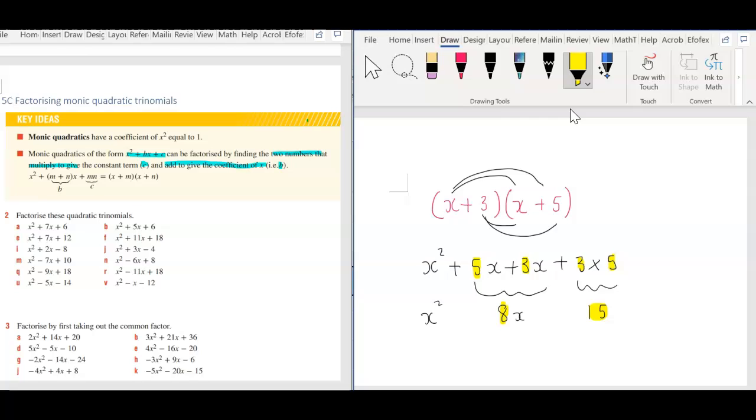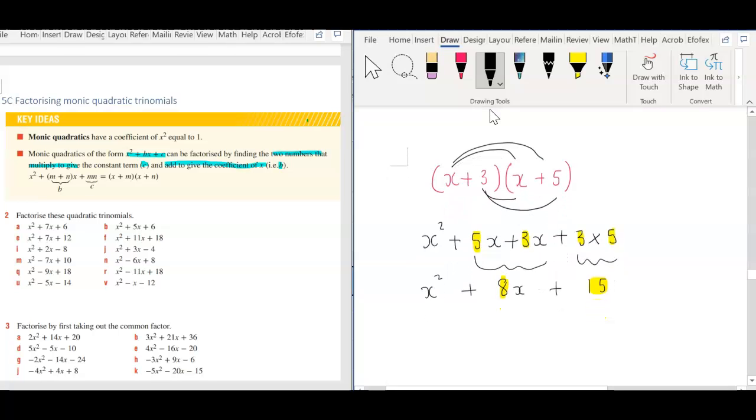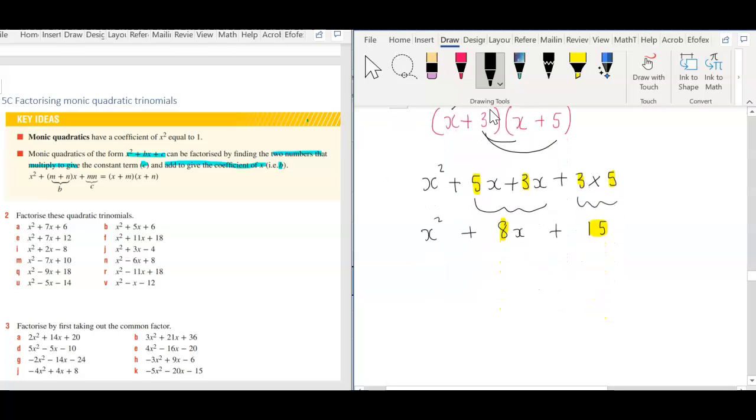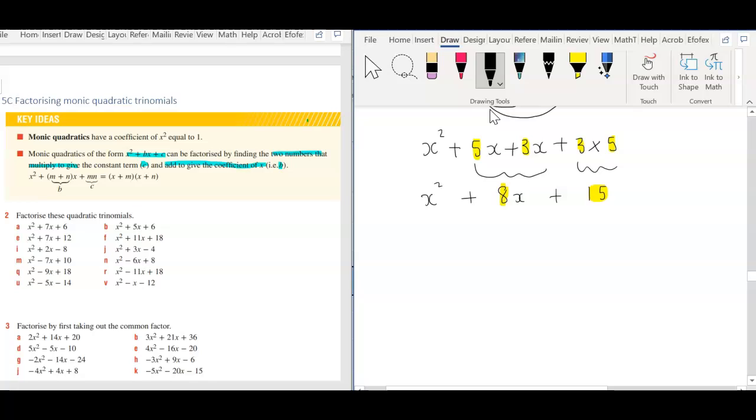When we're working backwards, let's say what I've got on this line is x squared plus 8x plus 15, we have to factorise, we have to go back. I need two numbers that multiply to give me 15. We can have 1 and 15, that gives you 15.